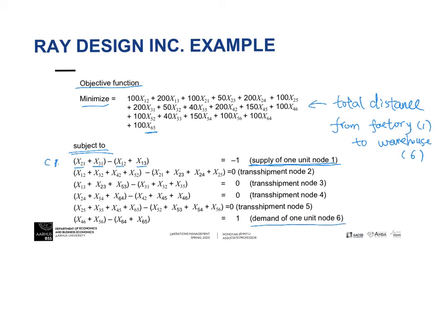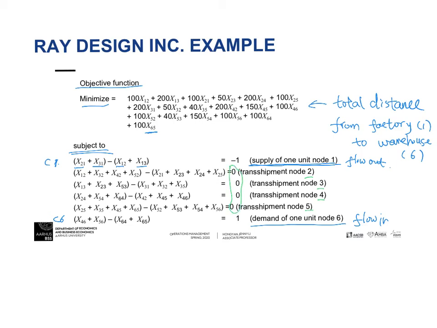Again, in constraint 6, the demand constraint is the same. Make sure for node 6 there is only one route selected and flow in. So for the transshipment nodes 2, 3, 4, 5, now the constraints are all 0.